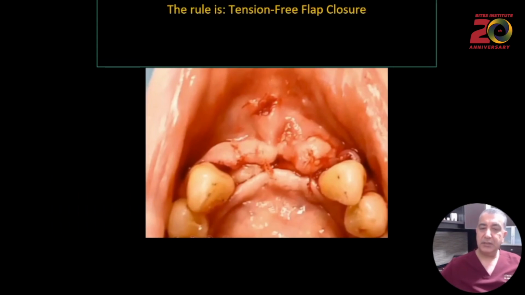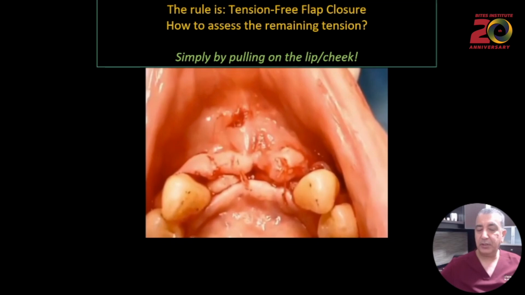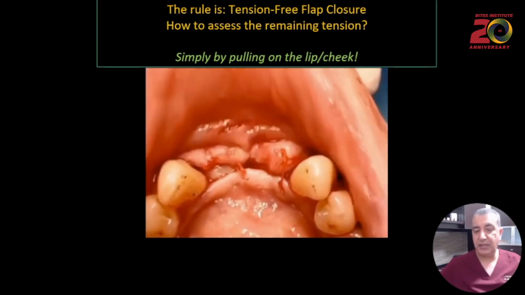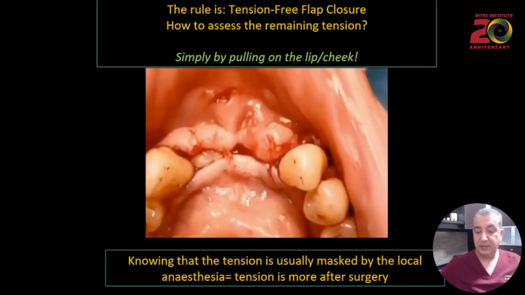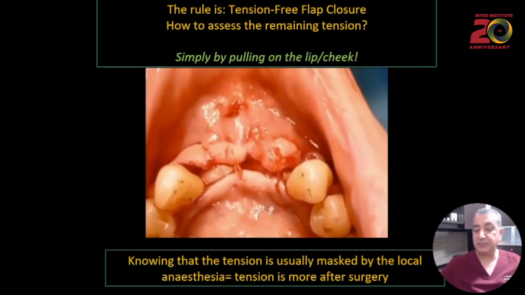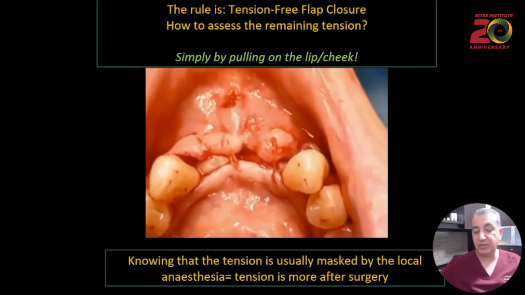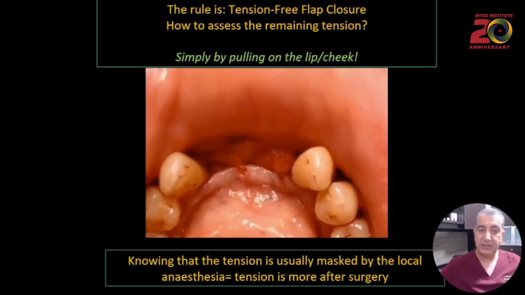The rule is we like to have a tension-free flap closure. And how to assess the remaining tension? Simply by pulling on the lip or cheek after we finish our suture. But knowing that the tension is usually masked by local anesthesia, which means that the tension is even more after the surgery, after the anesthesia goes away.